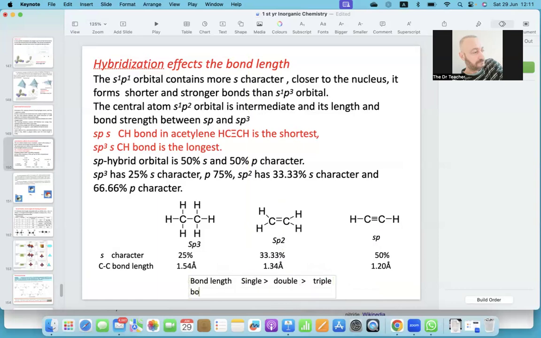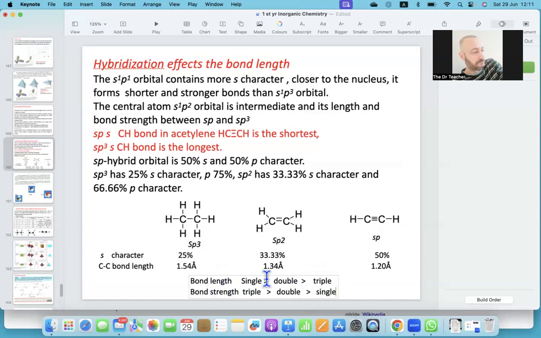Now we come to the bond strength. Bond strength: the triple bigger than double, bigger than single.